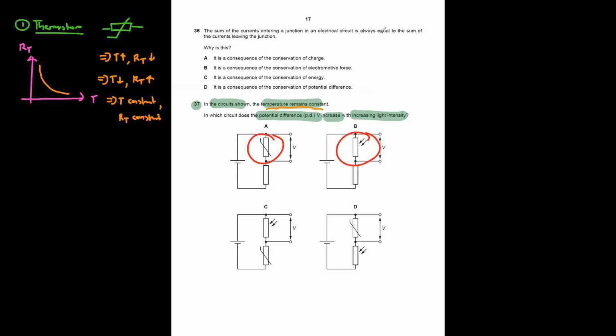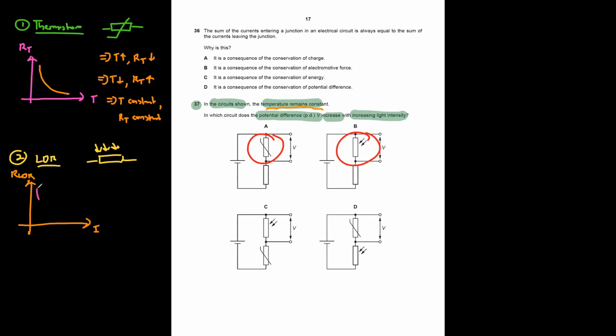Now, if you then move on to an LDR, it is something that looks like this with the arrows pointing towards it. If you look at the variation of the LDR resistance with intensity of light, you should get something like this. Let's just call this intensity, which is also brightness of light.